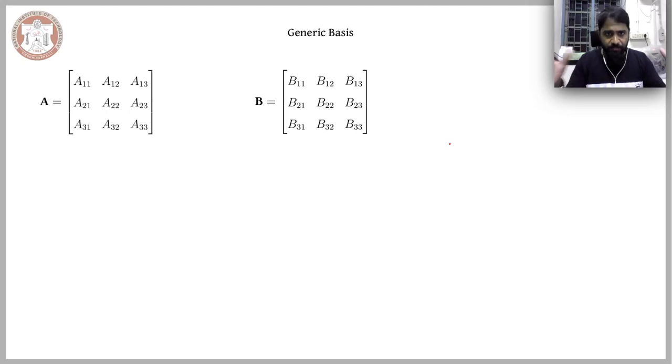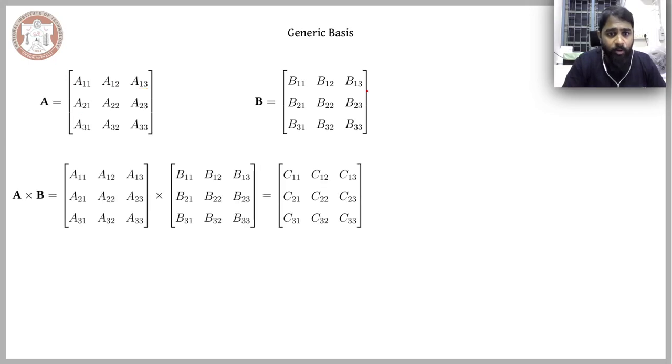These terms do not have any particular meaning. These are just simple square matrices, and each entry is described based on its position within the matrix. So we have our A matrix and our B matrix. Now we take the product of A and B, and the product matrix is going to be C. We arrive at each entry by taking the product of a specific row and a specific column.